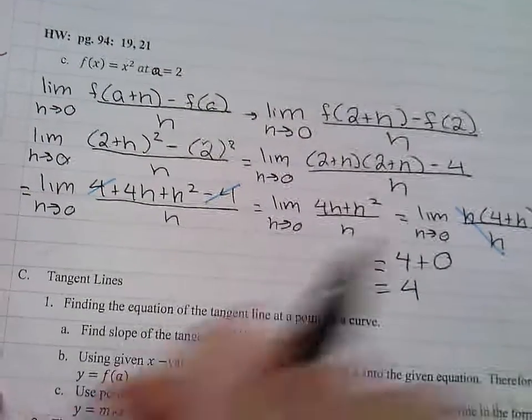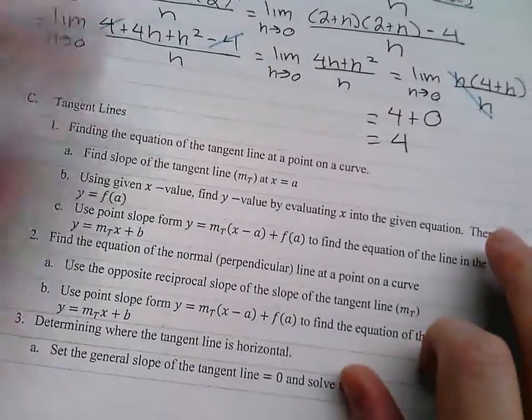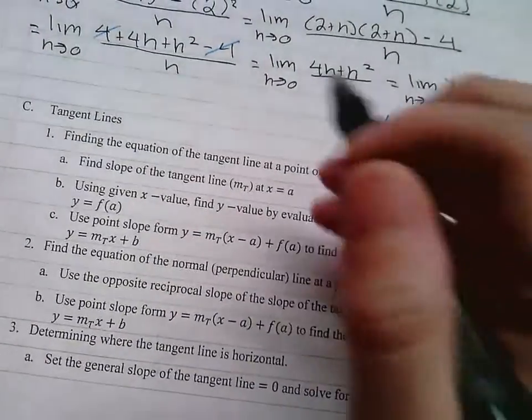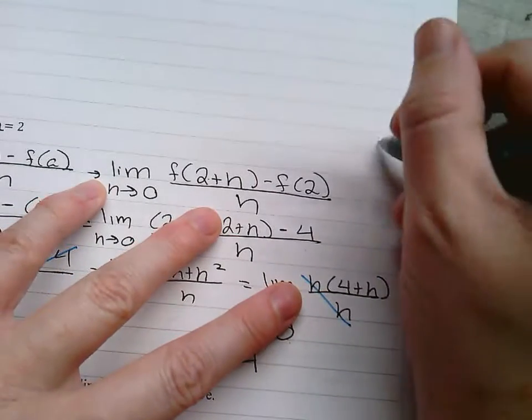Okay? Alright, so now let's talk about tangent lines. So tangent lines, this is the line, so you have the point right here. So if I do this one, just put the graph over here. So we have x squared.